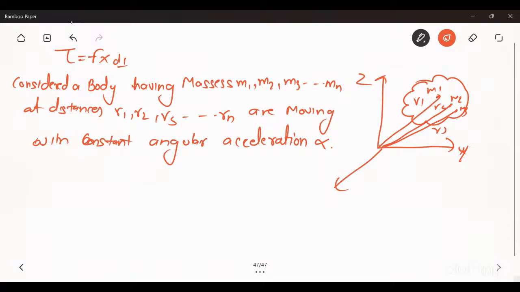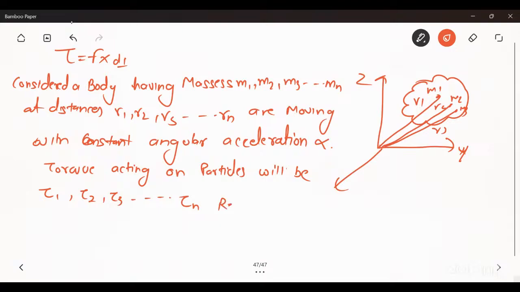So the torques acting on the particles will be tau 1, tau 2, tau 3, tau n respectively. Now the value of tau 1 is equal to F1 into R1.